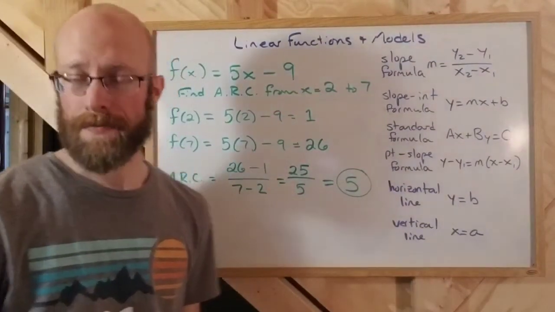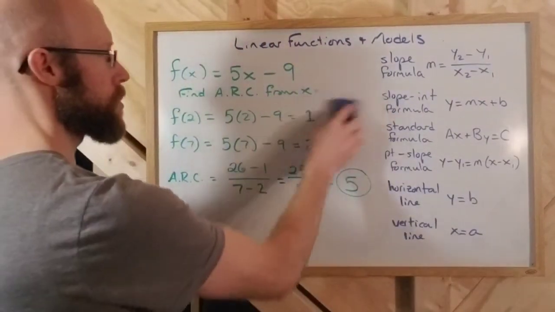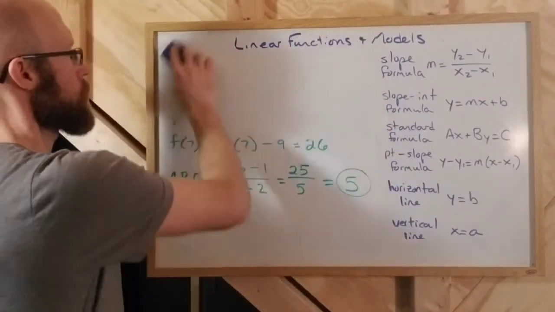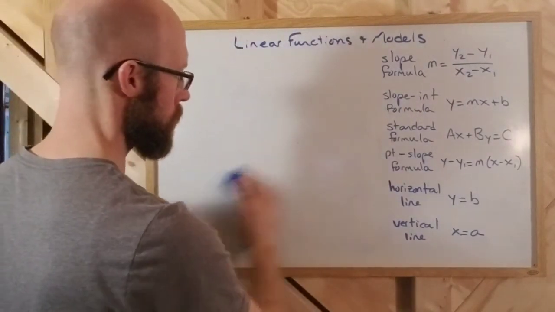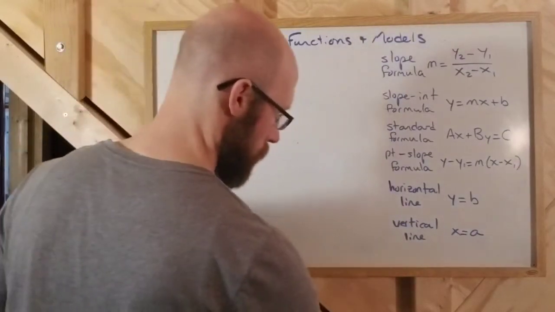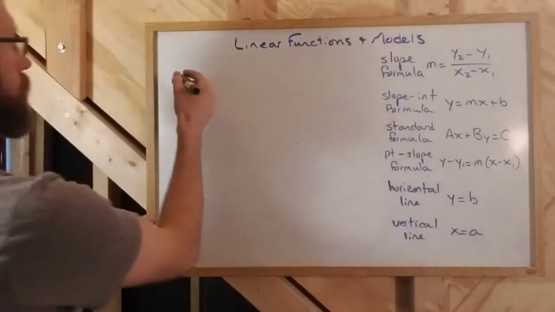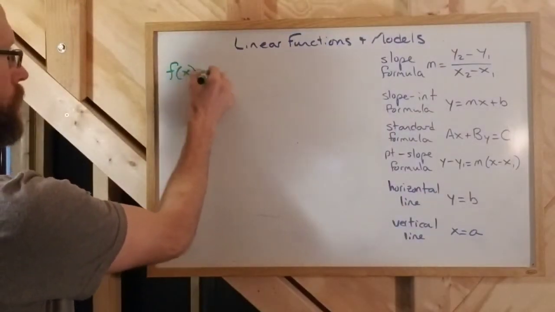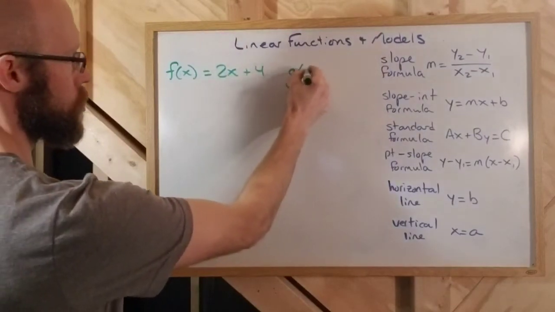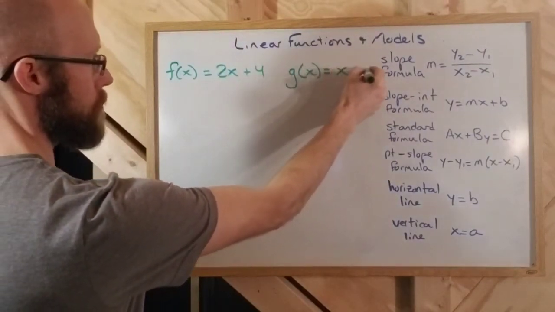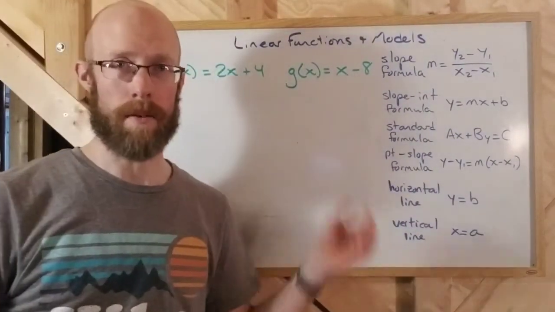Now, some other interesting things that we can do with linear functions is combine them. You can have multiple linear functions. You could have, let's say, f of x equals 2x plus 4 and g of x equals x minus 8, and I can combine them.